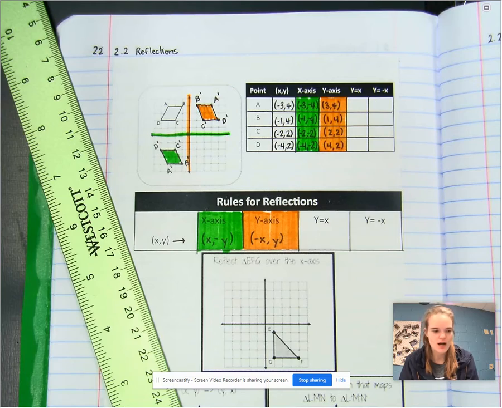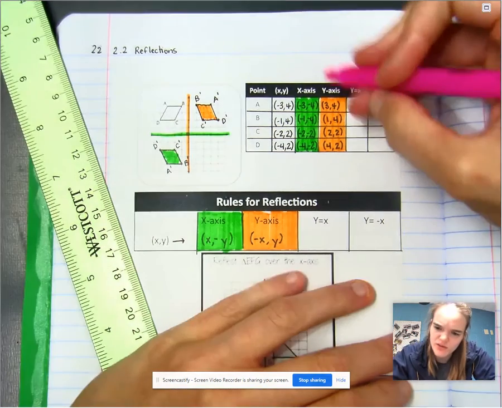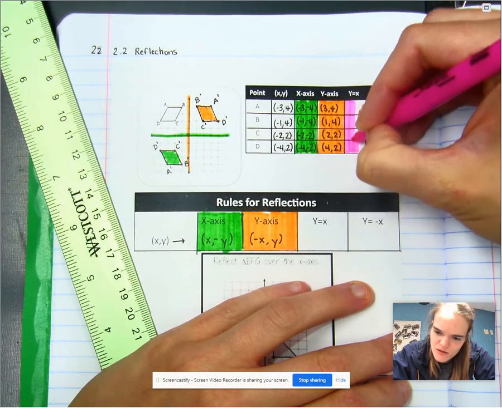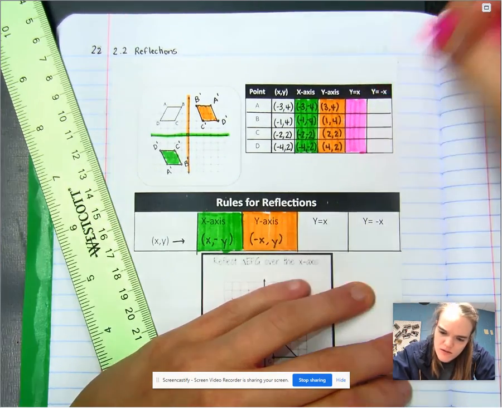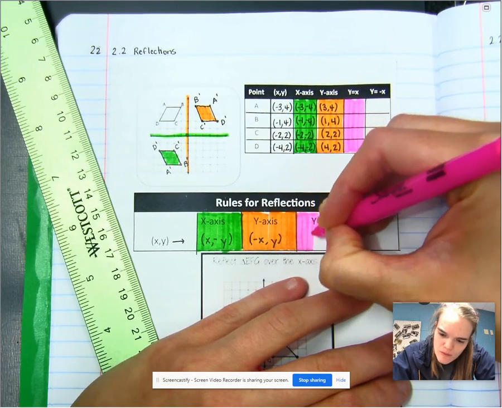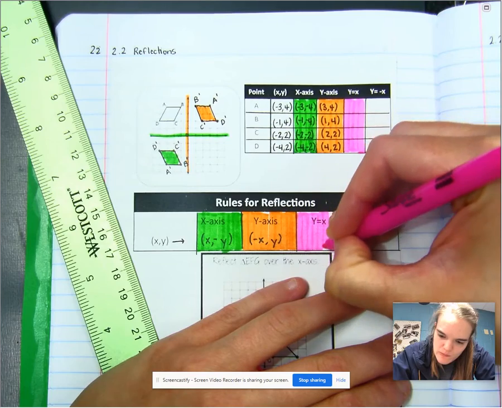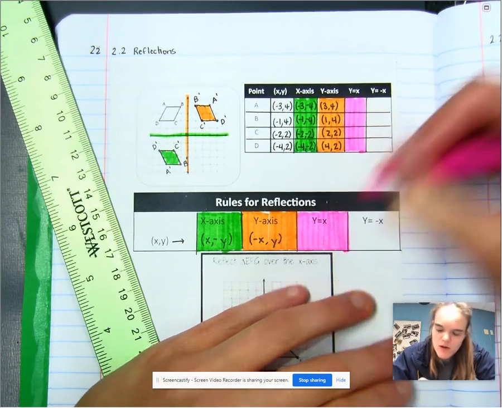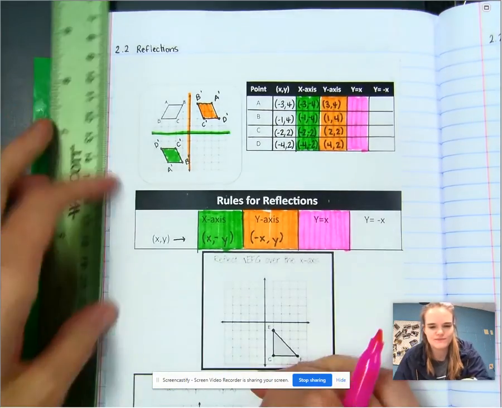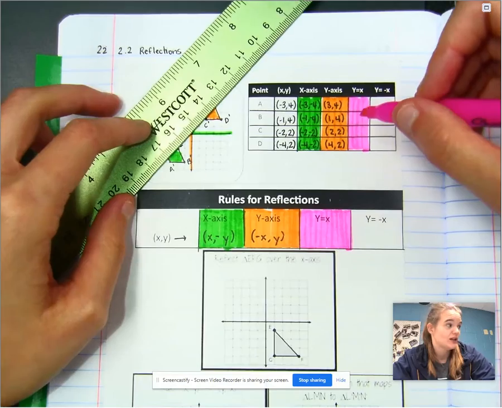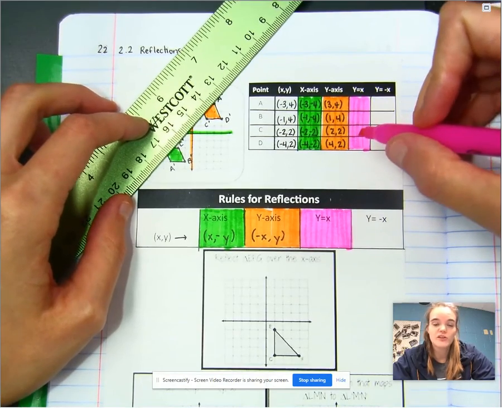Okay, let's talk about y equals x. That is a straight line, and I will graph where it is. We're going to highlight that in pink. Y equals x, in case you've forgotten how to graph lines, you have y equals mx plus b.